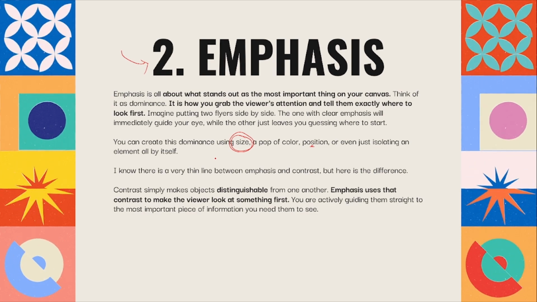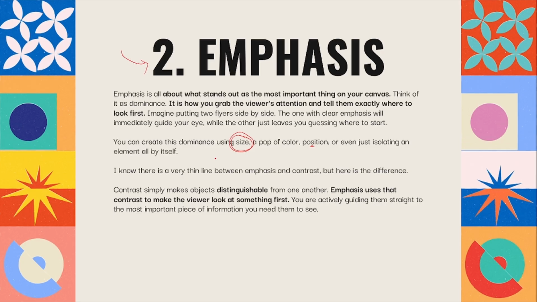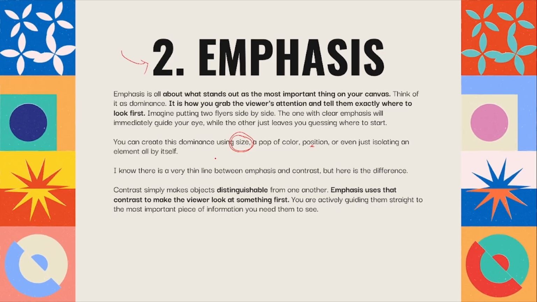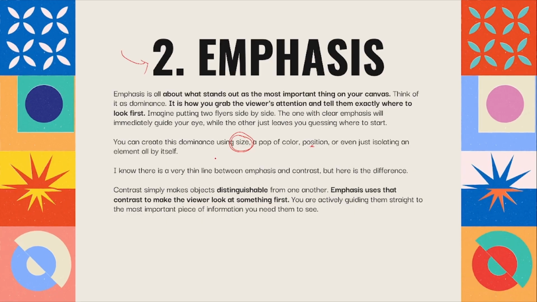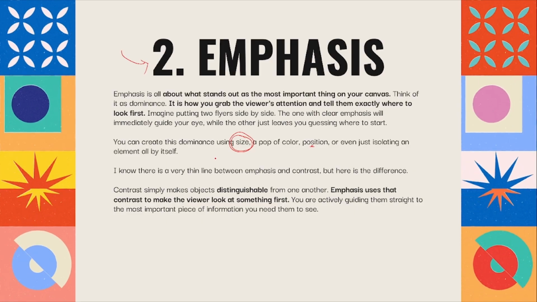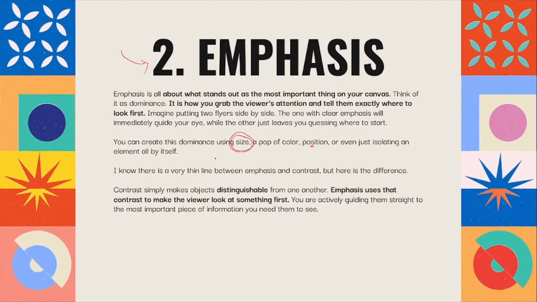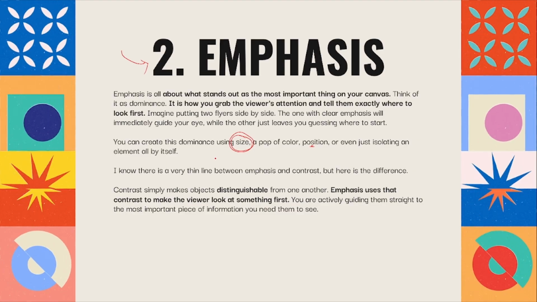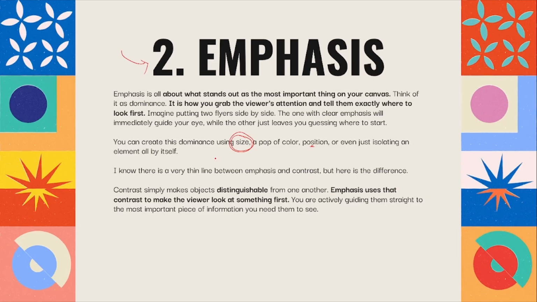And how do you know emphasis? Pick a flyer and show it to someone, and within 3 seconds, ask them what they saw in the design. Whatever they see is what stood out for them, and that's what you probably emphasized. So, if that is not the information you intended to pass across, that means your design has failed.